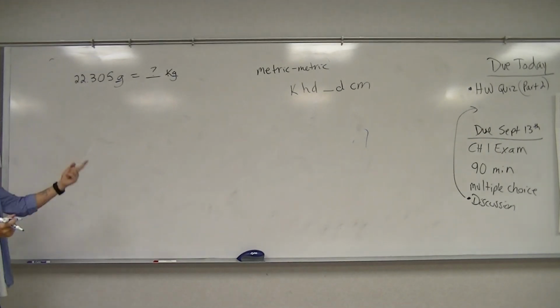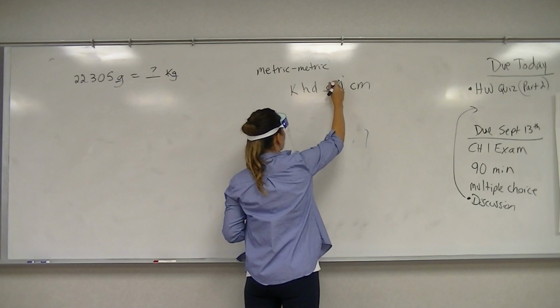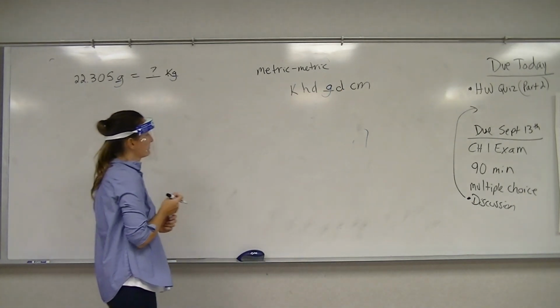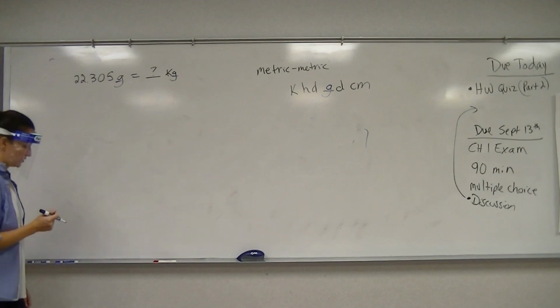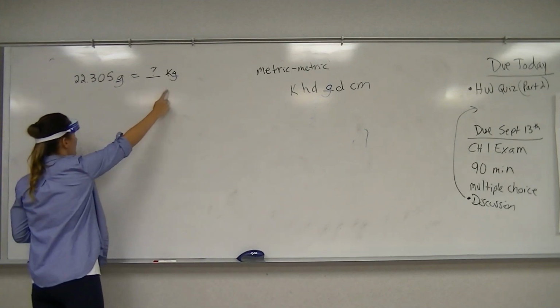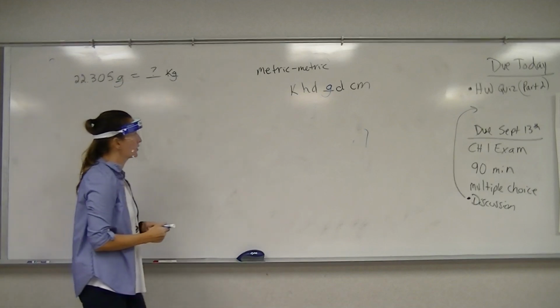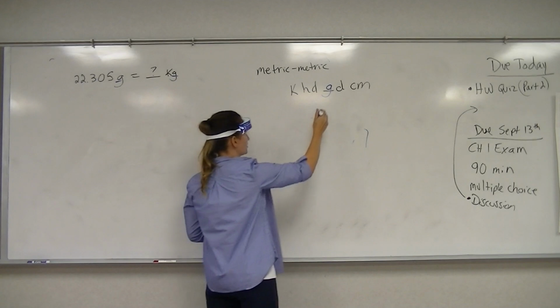Okay, so what type is this? Letter in common, so it's metric to metric. That letter in common, that's what goes in your empty space when you're using this scale. So in this case, a G. So we are at the G, we're at grams, and we want to get to kilograms. So we're going to use this to figure out how many times we move the decimal and in what direction.